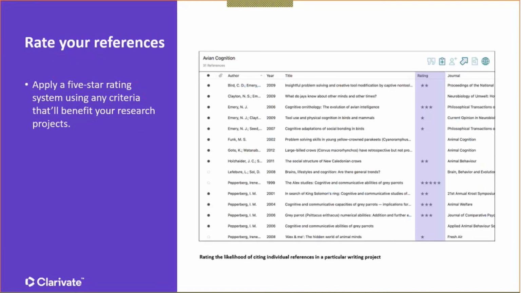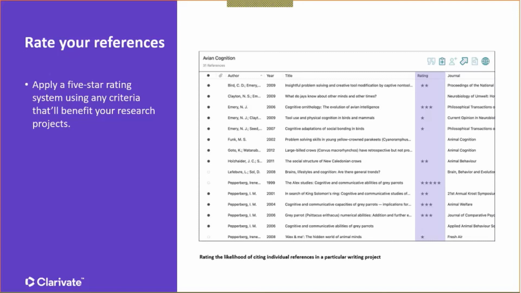You have the ability in EndNote 20 to rate your references. This is something not everyone is looking to do, but you have the ability to apply a 5-star rating system to the various entries in your EndNote library using whatever subjective rating system you'd prefer. I'd say the most common rating system I've seen in use is the likelihood of including a particular reference in a particular research project, whether or not it fit the scope of the body of text for that project.